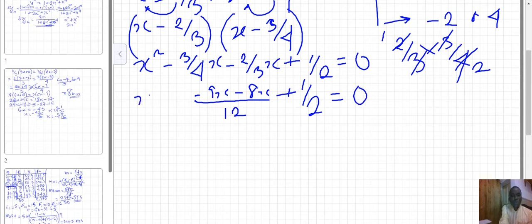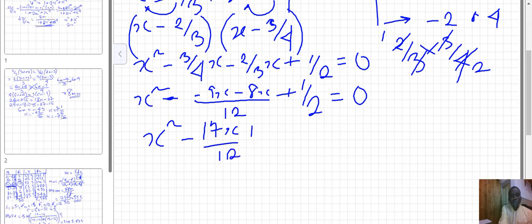So our x squared minus 17x over 12 plus 1 over 2 is equal to 0.